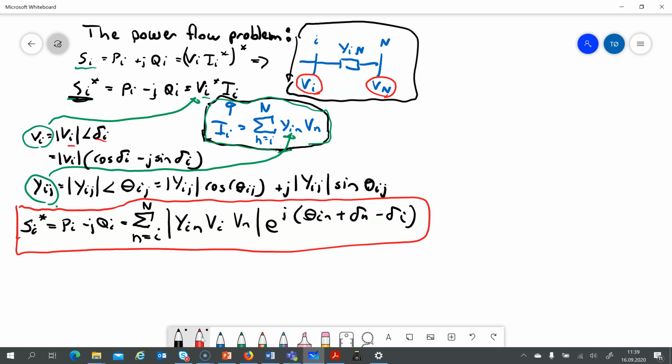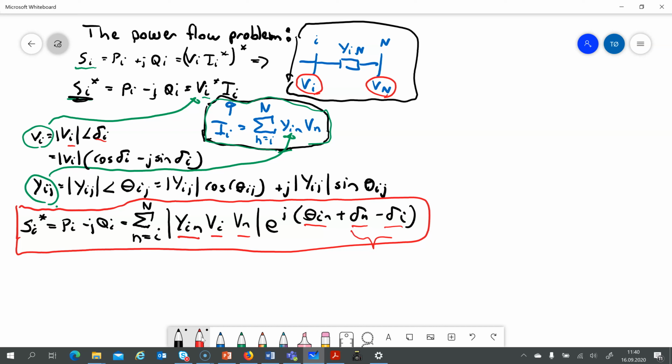So from the load at node i, you have the admittance between node i and the respective other node. Then we have Vi, Vn, the voltage between them, and then of course the angles, and this is the theta for the admittance. Then we have an angle on the voltage on the one side and the other.